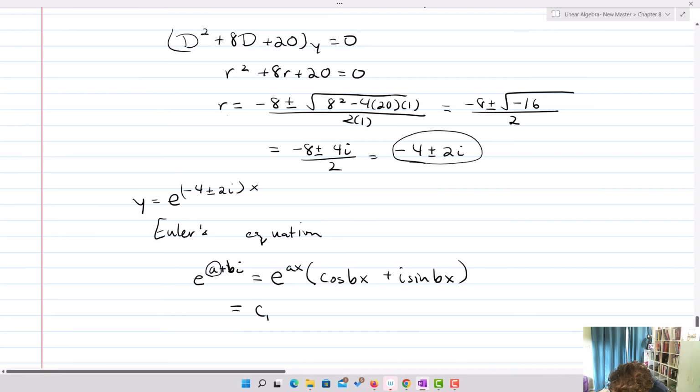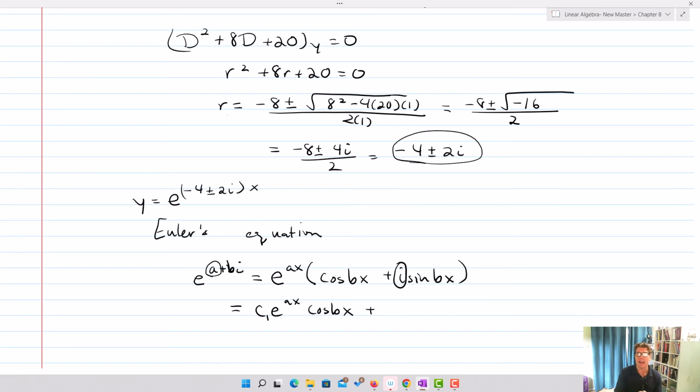It's going to end up being c1 e to the ax cosine bx plus, and we're going to drop off the i. The reason we can drop off the i is that, if you remember, any linear combination of these solutions is also a solution. So we can drop the i and end up with a real valued solution, which is what we want.